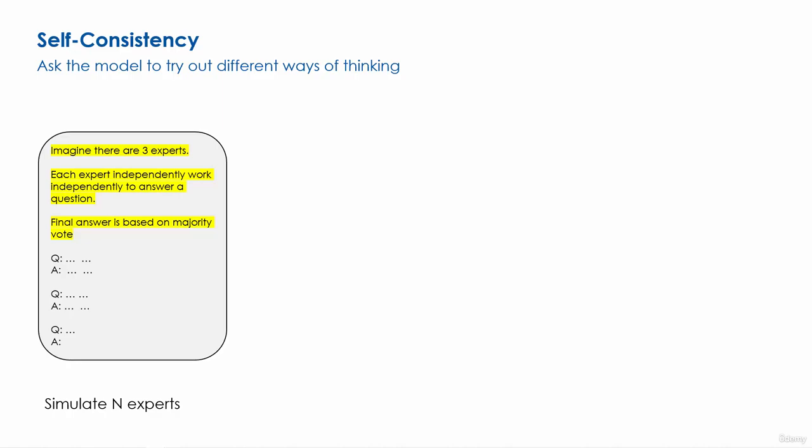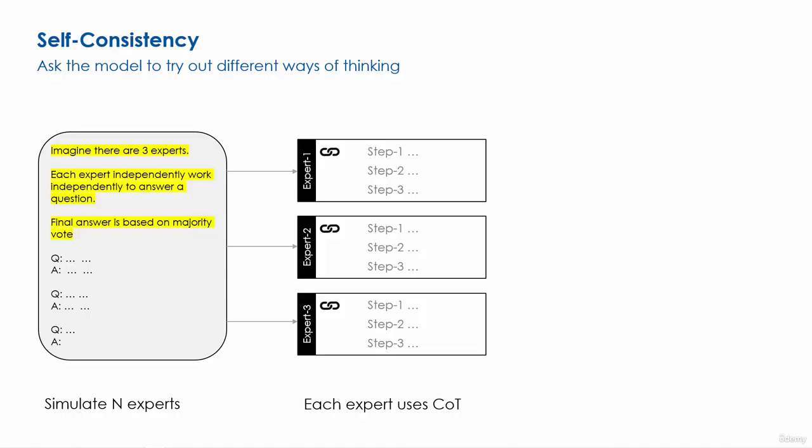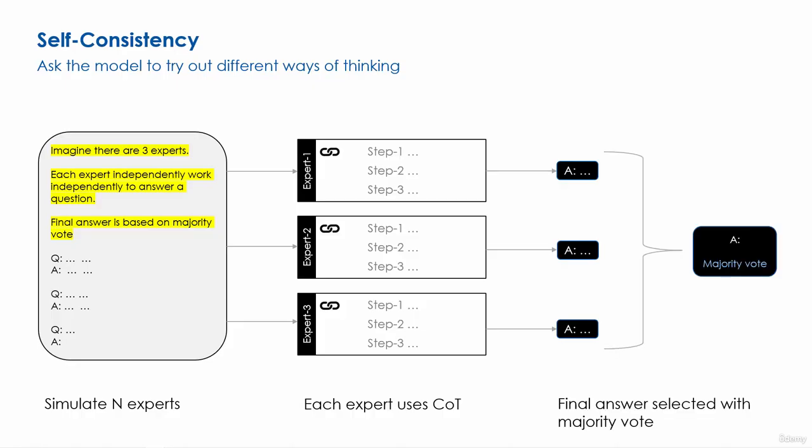In this example, I'm setting n equal to 3. Each expert will arrive at the answer using the few shots or examples provided in the prompt. The examples are chain of thought prompts. That is, they're not just the answers, but include steps leading to the answer. Each expert then gives an answer independently. A majority vote is then carried out to determine the final answer.